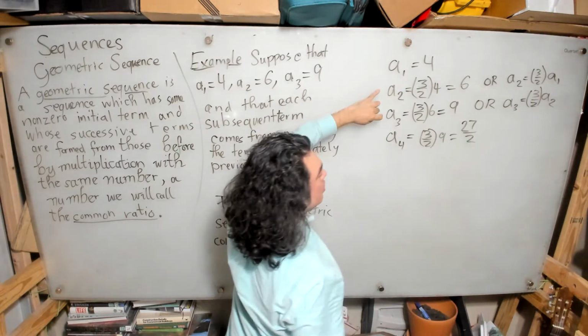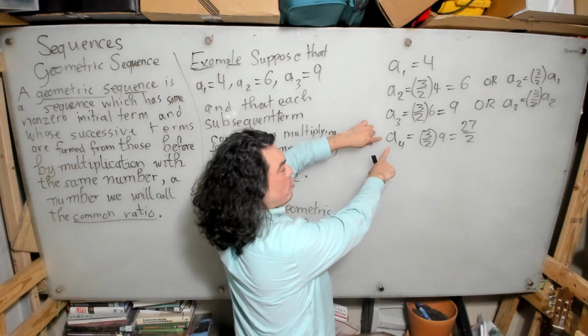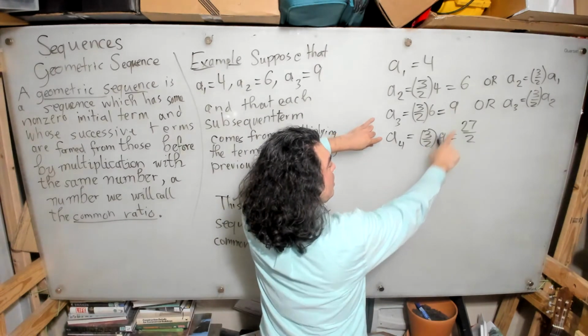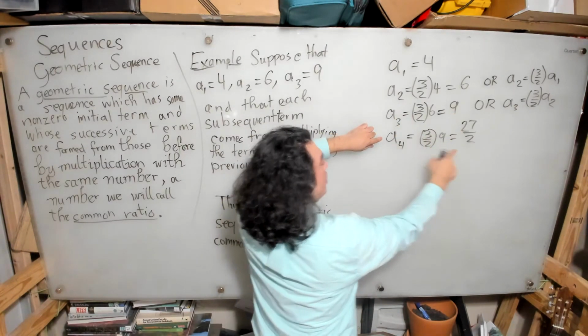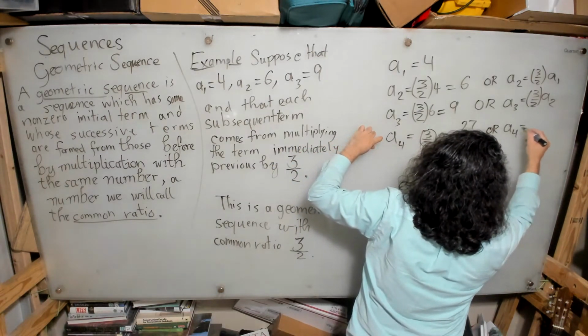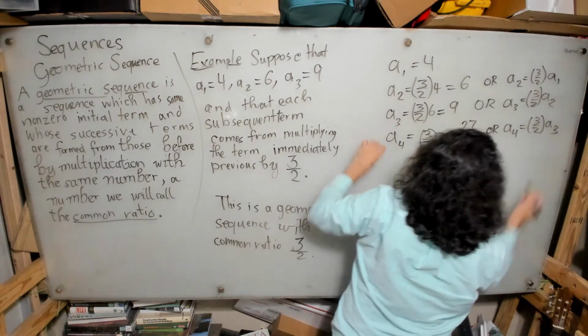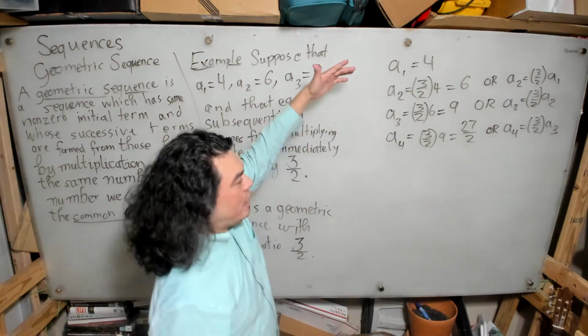And then the A4, the fourth term of our sequence, is 3 halves times 9. What is the 9? A3, the third term of the sequence. From this we can extrapolate.